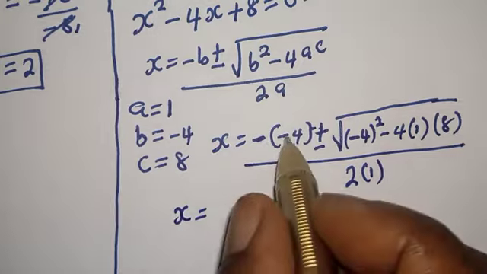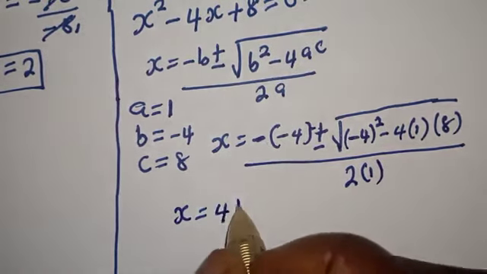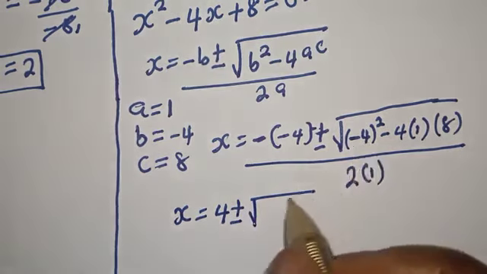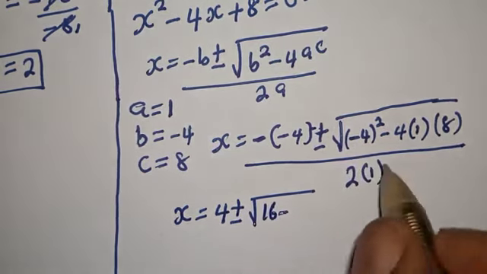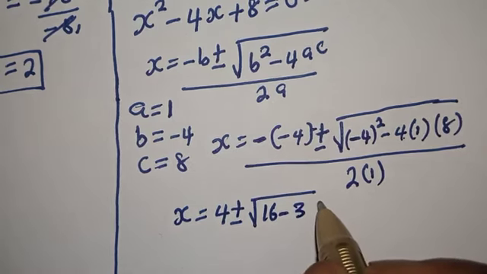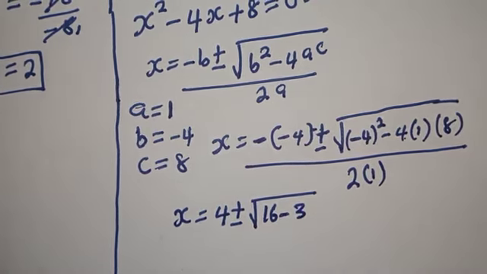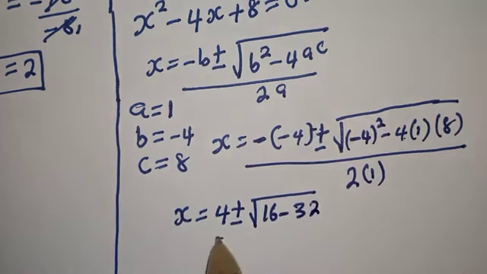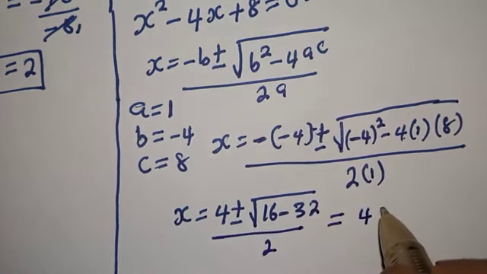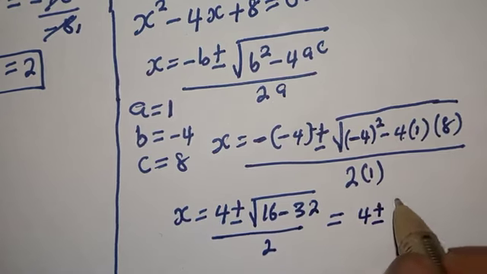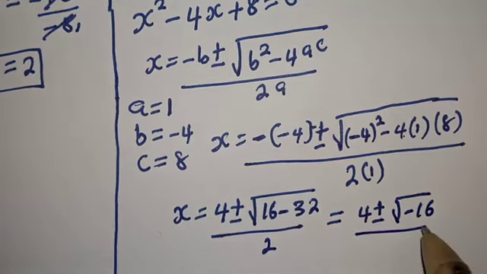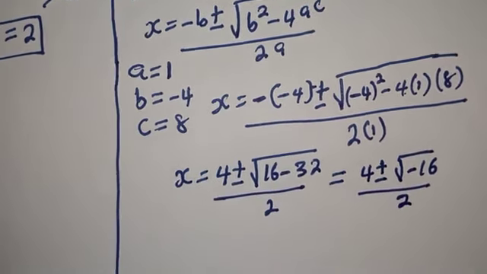s is equal to minus times -4, that is 4, plus or minus square root of (-4)^2, that is 16, minus 4 times 1 times 8, 32, over 2. This is equal to 4 plus or minus square root of minus 16 over 2.